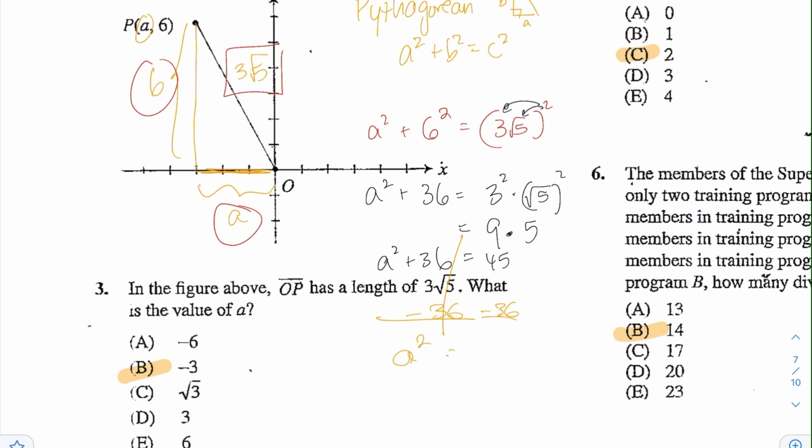That'll give you a squared is equal to 9, so a could be equal to positive or negative 3. And here we see both positive and negative 3, but remember the point P is in quadrant 2. So quadrant 2 has negative x's and positive y's. So you only want a to be equal to negative 3, not positive 3. So the answer will be choice B.